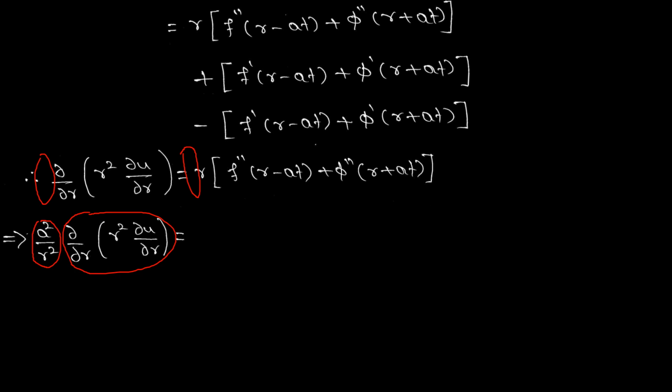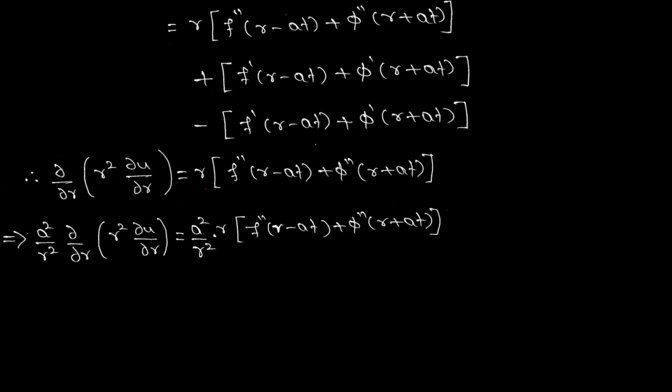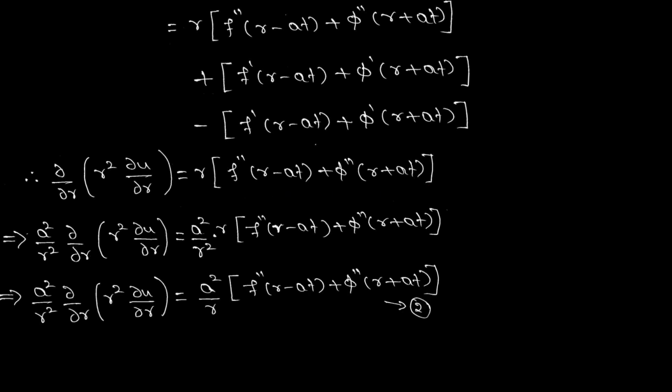So when we multiply a square by r square here, a square by r square into this, one r gets cancelled with this r, we get this. Let us call this as equation number 2.